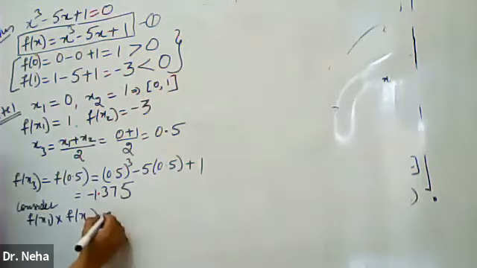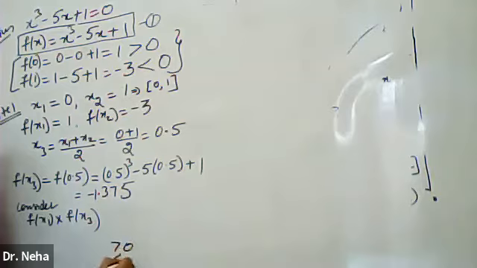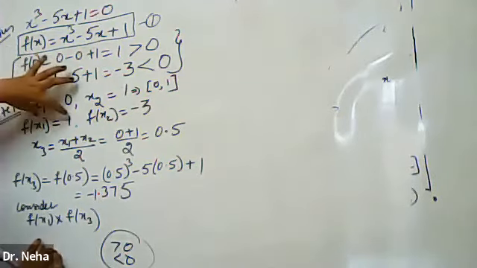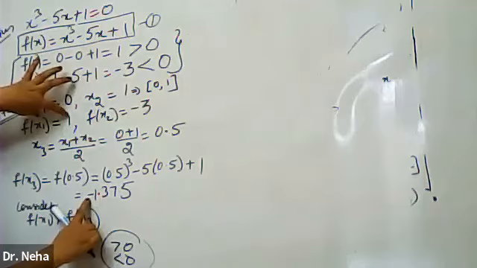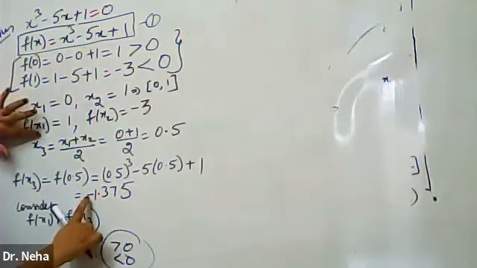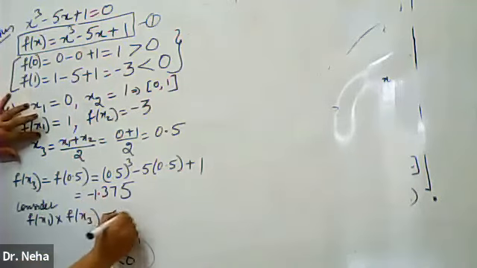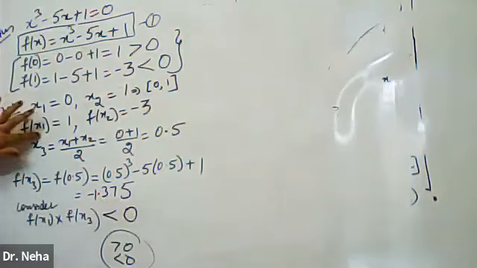We need to check whether it is positive or negative. This is the only thing. Now what was fx1? This one, see, positive. fx1 is positive and fx3 is negative. So when you multiply fx1 into fx3, your answer will be negative. Is it true? Positive into negative is negative.